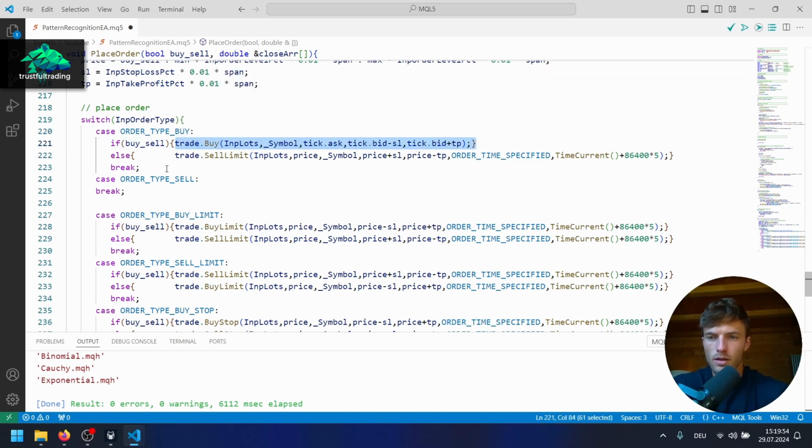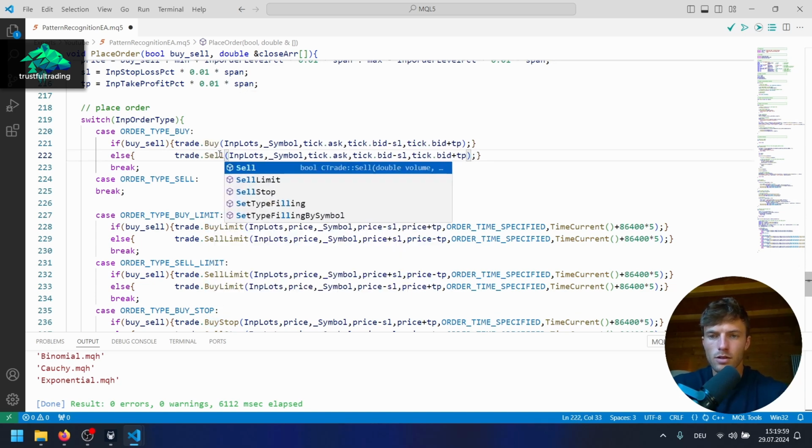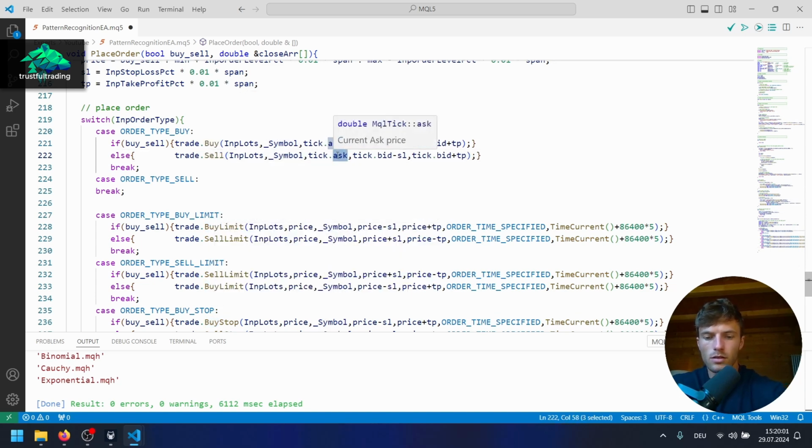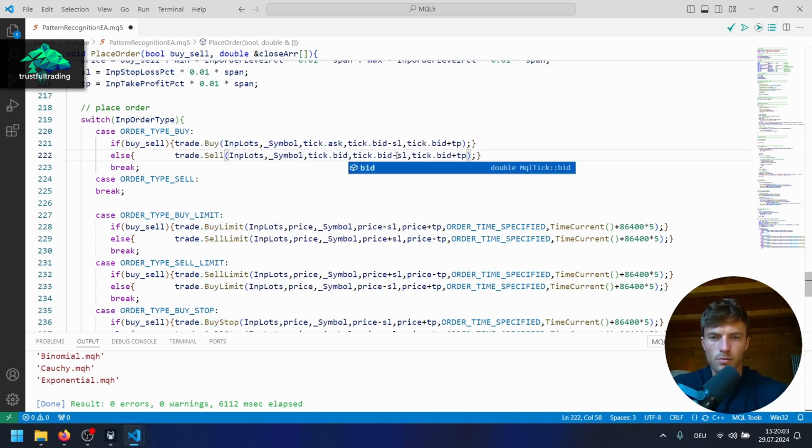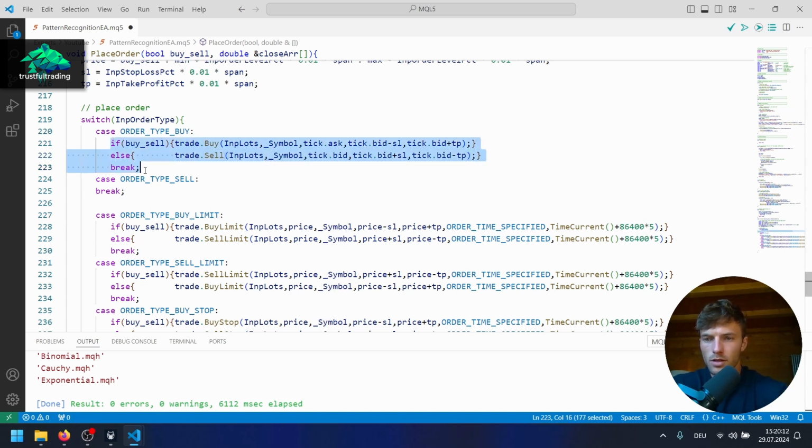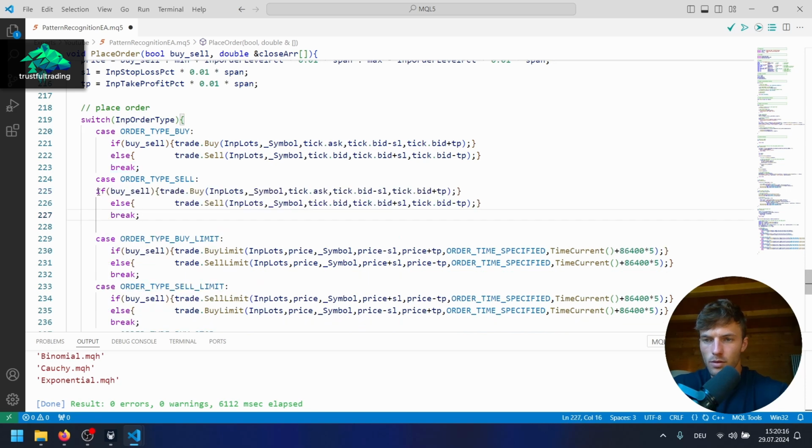Let's copy this for a sell market order. Tick.bid plus stop loss, and tick.bid minus take profit. Okay, and I copy this, do the same here for a market sell order.